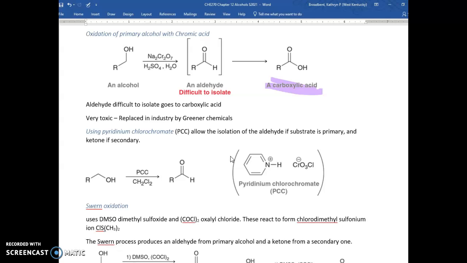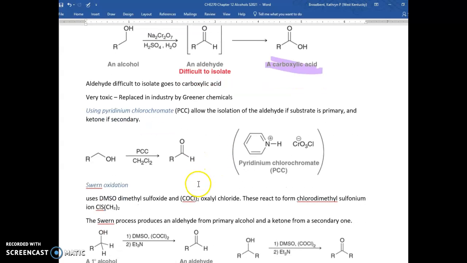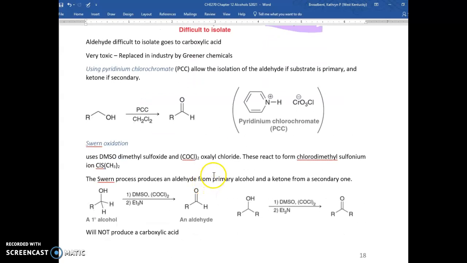Swern oxidation uses dimethyl sulfoxide and oxalyl chloride. These form a chlorodimethylsulfonium ion and also produces, a primary alcohol produces an aldehyde, a secondary alcohol produces a ketone.